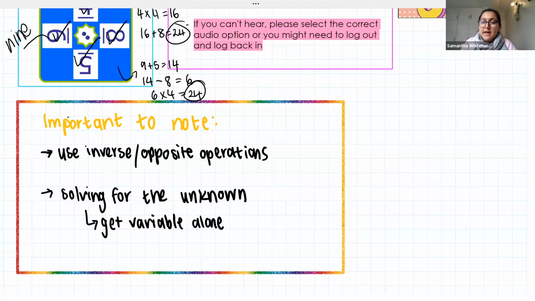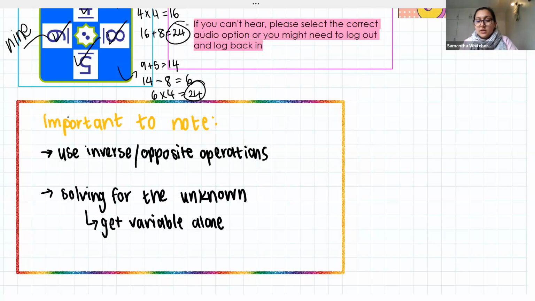We don't stop at negative x equals. We want positive 1x, or positive 1 of whatever our variable is, all by itself so that we know what the value of that variable is. So it's really important that we do that extra step if it's necessary. And again, as we do some examples, I'll point it out.